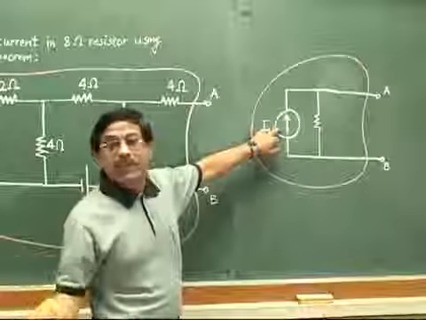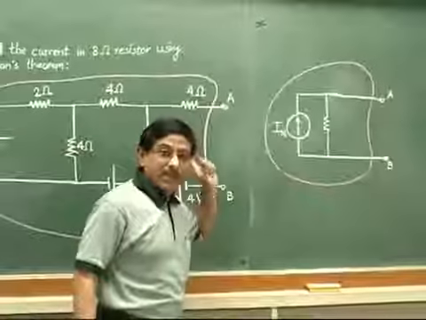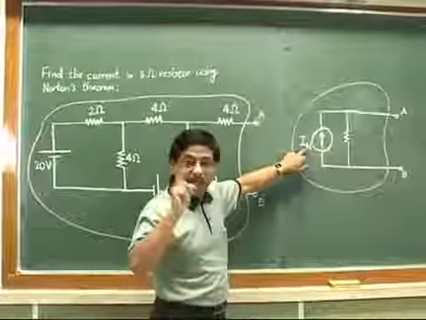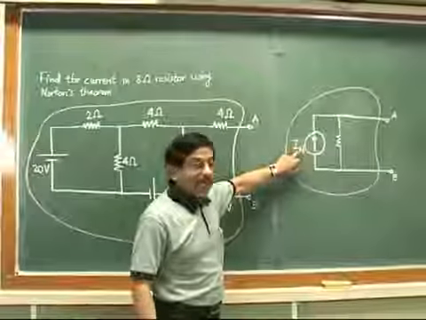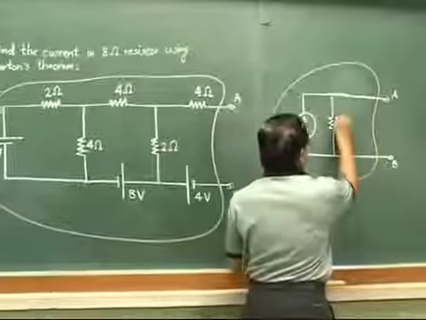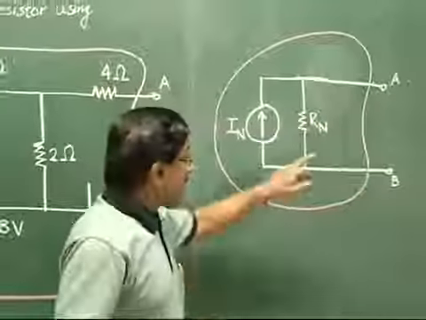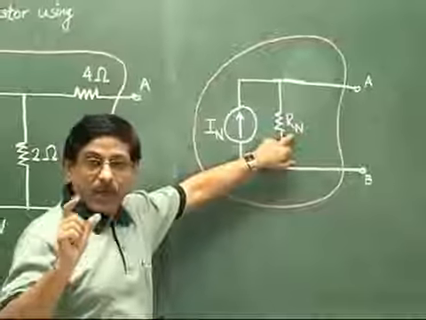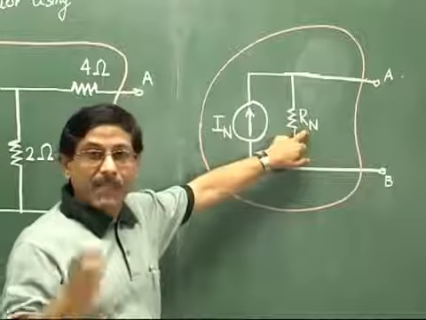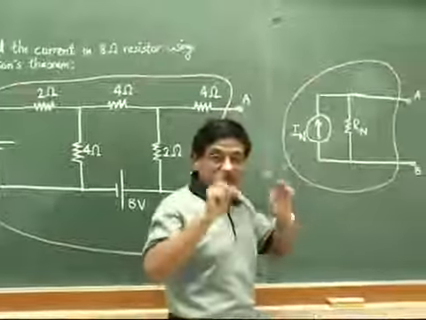TH was the initials of Thevenin. Here, since this is Norton's theorem, we will take the suffix as a capital N. So IN will be this equivalent current source, and the resistance we just call RN. Remember, the meaning of RN here is exactly the same as the meaning of RTH in Thevenin's theorem. But what is the difference?